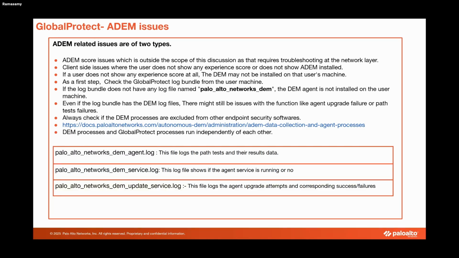Make sure that the FQDNs are excluded from SSL decryption. If you decrypt the traffic for ADEM, it's not going to work. It's going to fail straight away. You can find the ADEM processes and FQDNs in the link mentioned in the document. The DEM process and the GlobalProtect process run independently of each other.